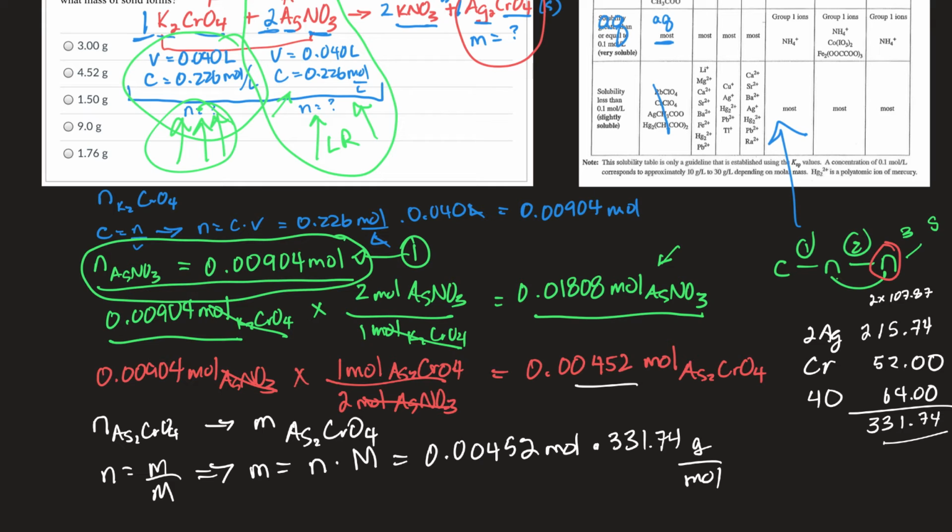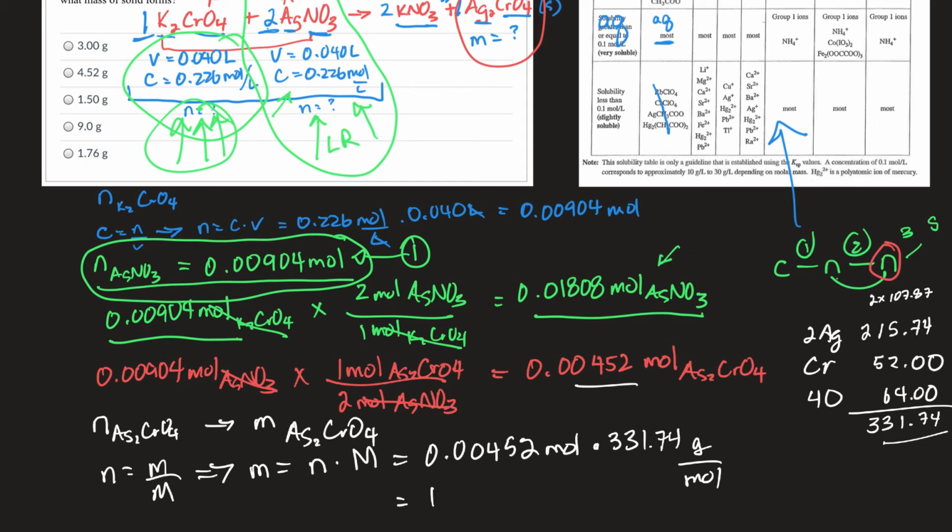Okay, so I have that on my calculator. 0.00452 times 331.74. 1.49 something.